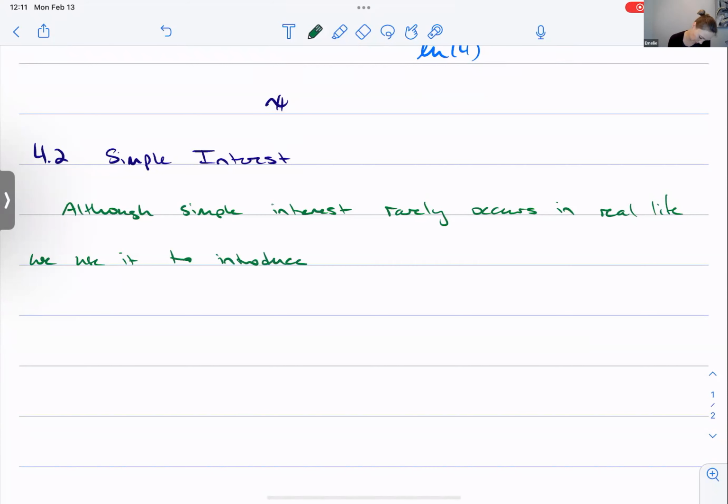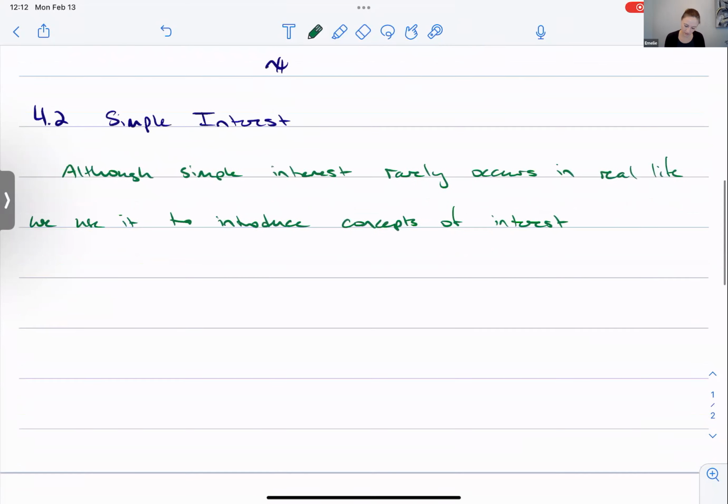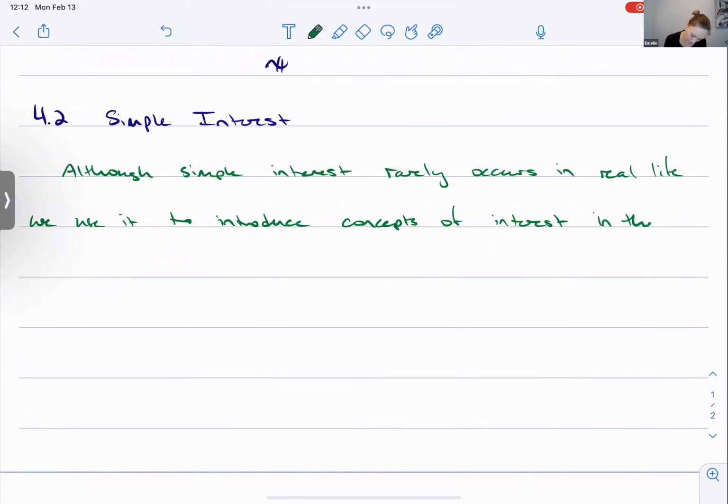To introduce concepts of interest. And I mean money interest, okay? So concepts of interest in the most basic sense.